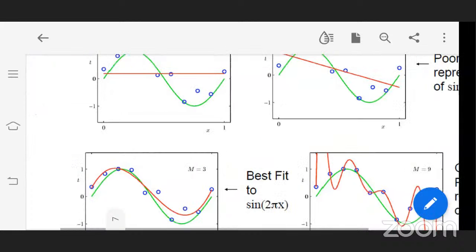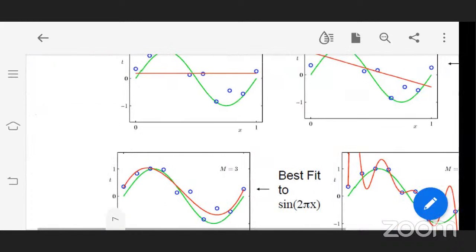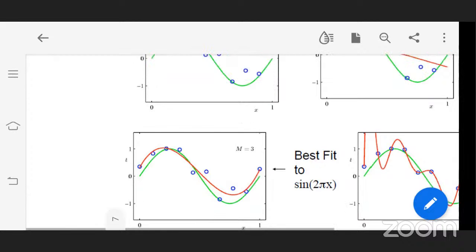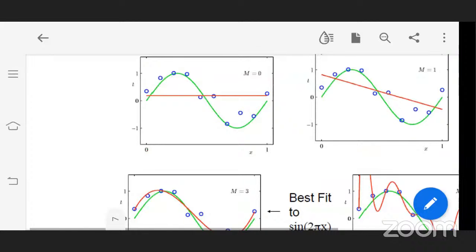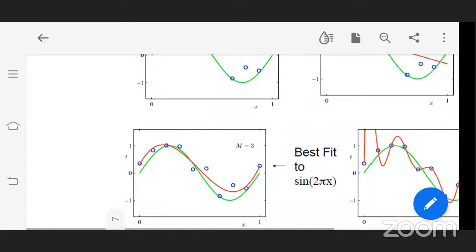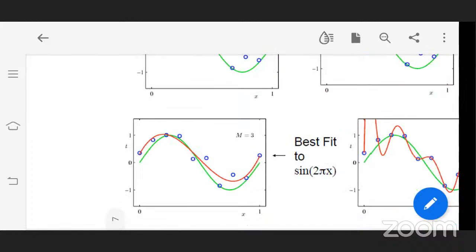Whereas if you look at M equal to 3, the choice of the model parameter is quite decent because it approximates the sine curve, and that is what you want. You know that the signal that has been generated is nothing but a perturbed sine curve, so it is better to look for a model which will best fit that curve.